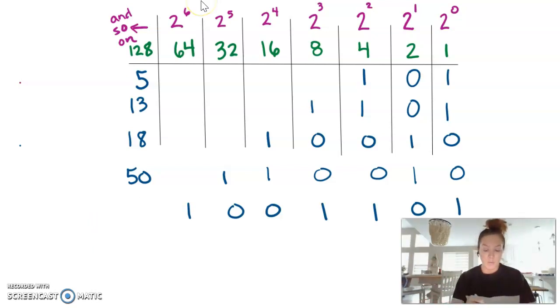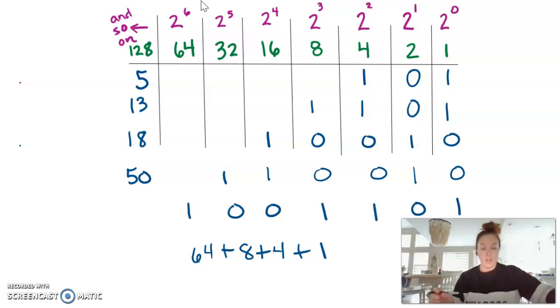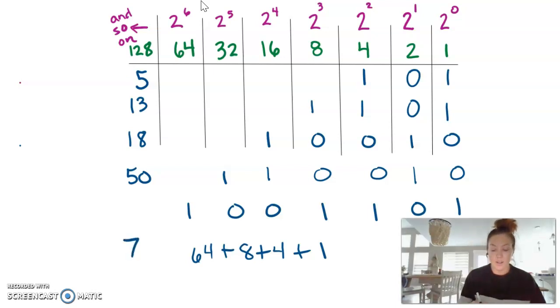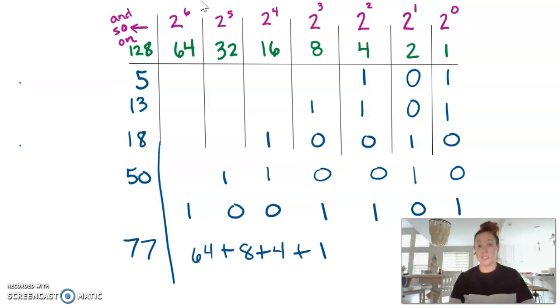I've got 64 plus 1 in the 8 column plus 1 in the 4 column plus 1 in the 1 column. So 64 plus 8 plus 4 plus 1. And I got 77. That would be in the base 10 system.